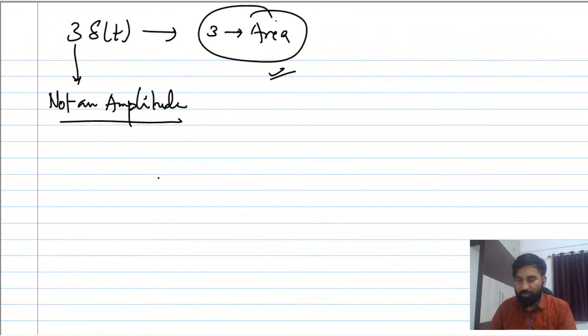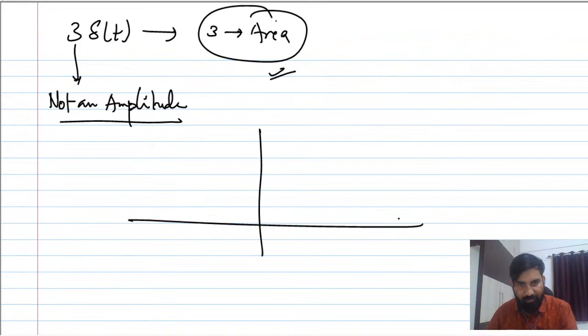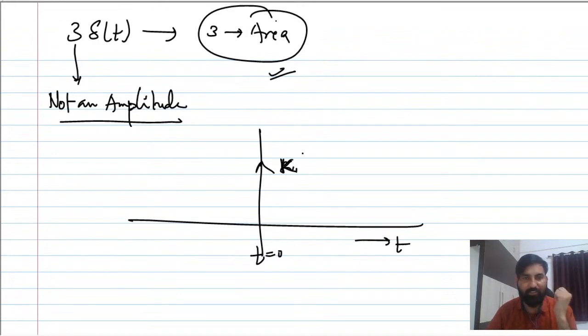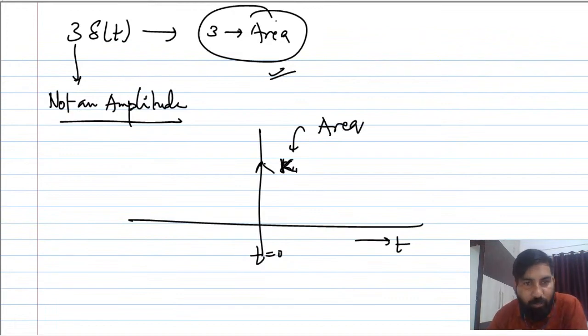Now we will talk about some of the properties. So how to represent impulse? Impulse is represented like this. The arrow will be there and t equal to 0. And if something is written here, suppose I have written k, this k does not represent amplitude at t equal to 0. It represents the area. And why have I put an arrow here?